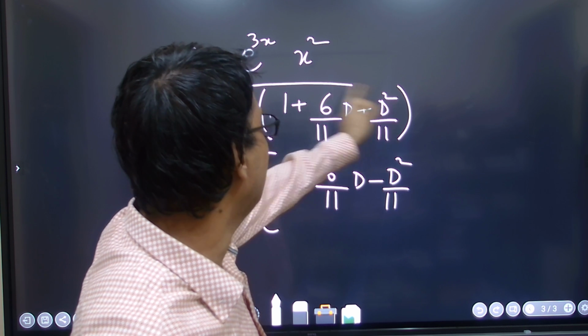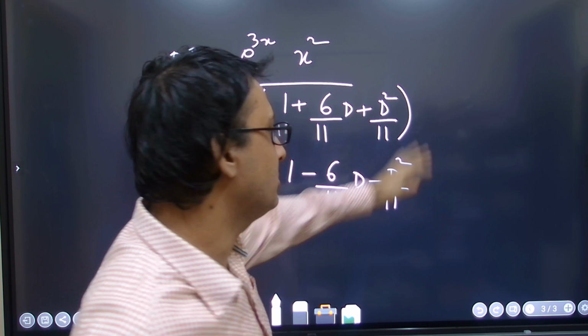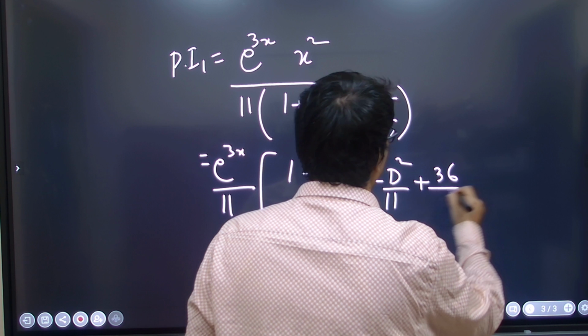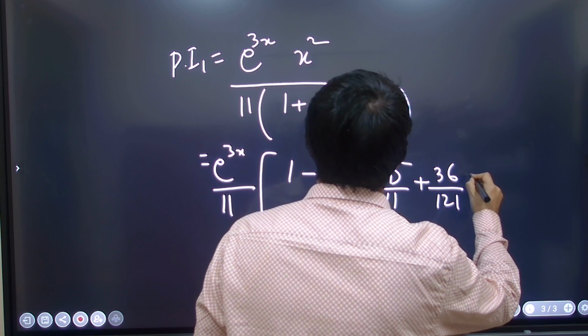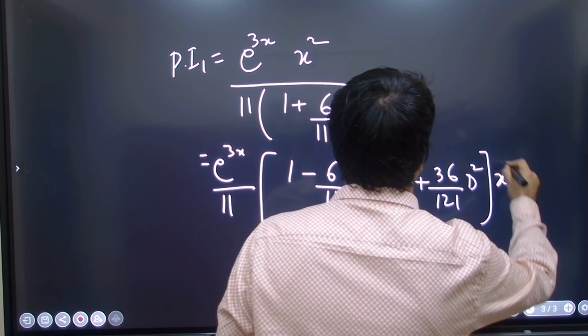If you square this up, you get 36 by 121 d square, and the remaining is not of any use to us. So we write this as 36 by 121 d square, and this acts on x square.